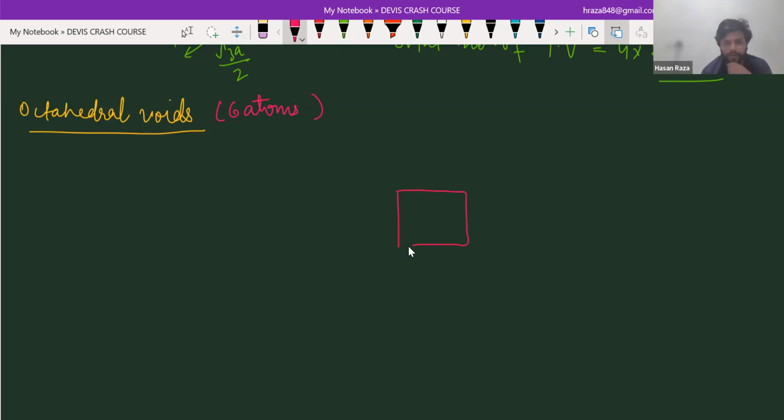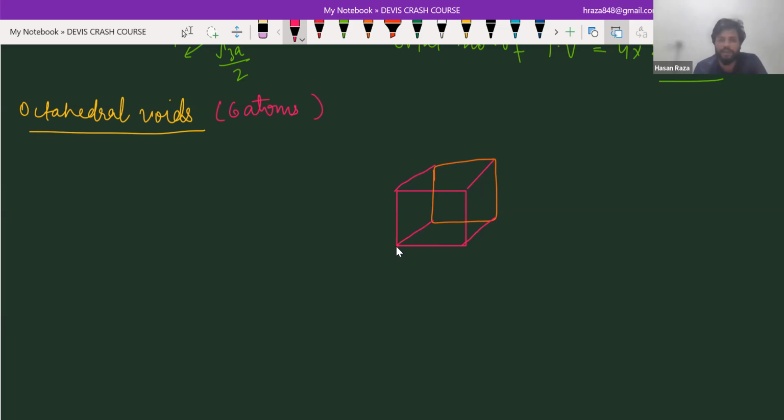First, I am going to make a cube and then another cube. Then another cube. Okay, that's a good cube. So this is the cube.